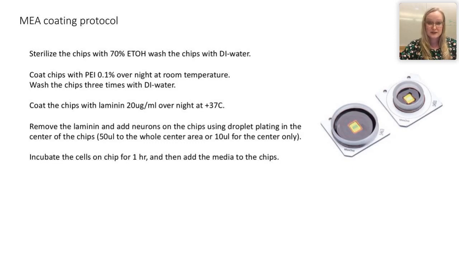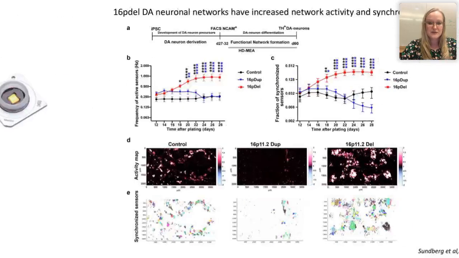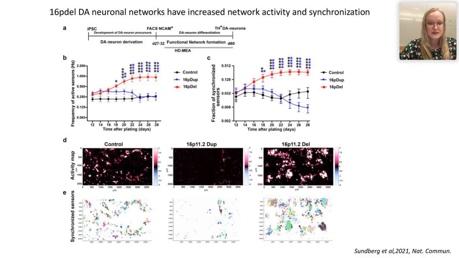We then coated the chips with 20 micrograms per ml laminin overnight in the hood at 37 degrees Celsius, and then we removed the laminin and added the cells in a single droplet of 10 microliters in the center of the chip. After 1 hour of incubation, we filled the chip with the media. And with this method, we were able to create networks that we could record for over 4 weeks.